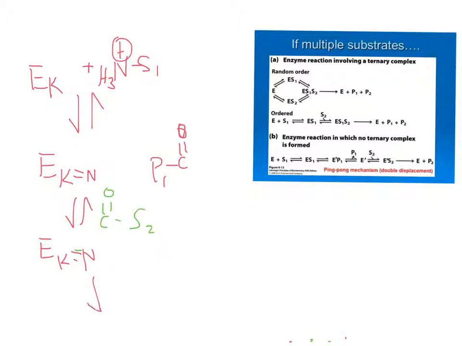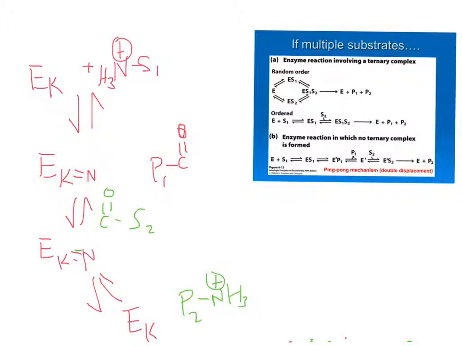And what happens here is you get the second product, which now has the amino acid. So what had been substrate 2 now gets the amino group, and you got your enzyme back with just its free lysine. So that's why it's called the ping pong mechanism, because you first bind one substrate.